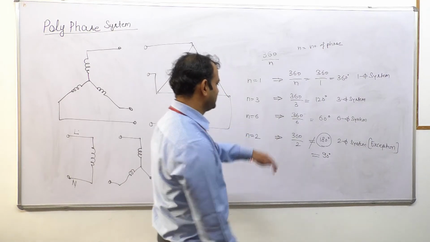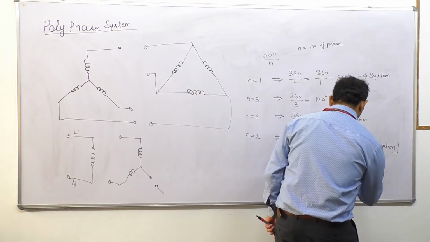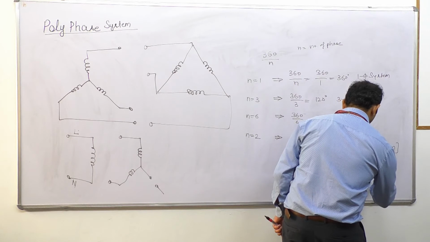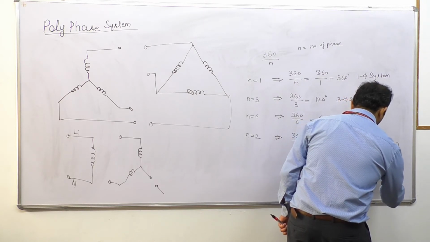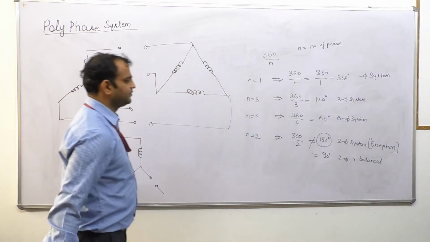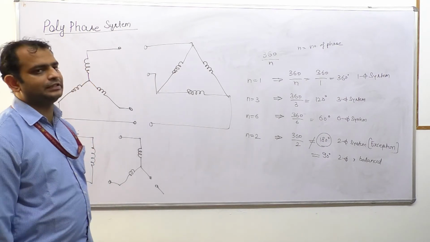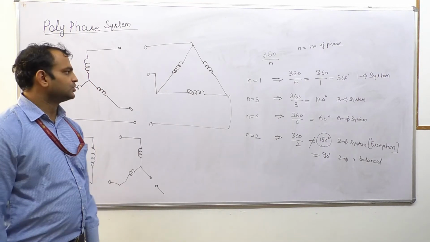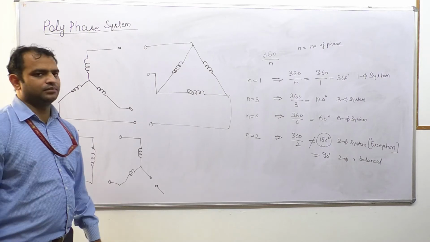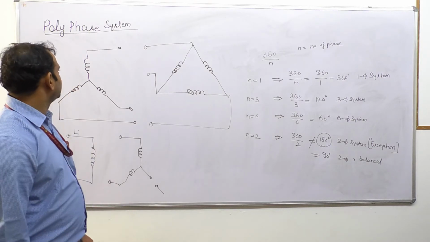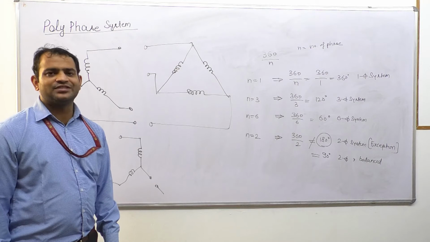So for a balanced two-phase system, the phase difference between the two phases should be 90 degrees. So this is our general introduction to the three-phase or polyphase system.